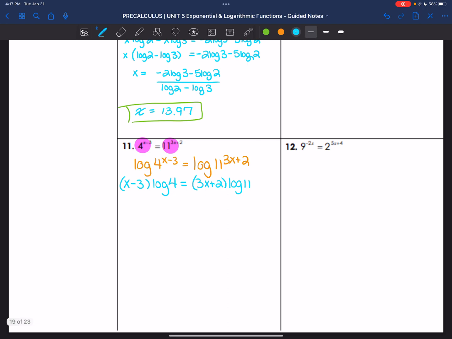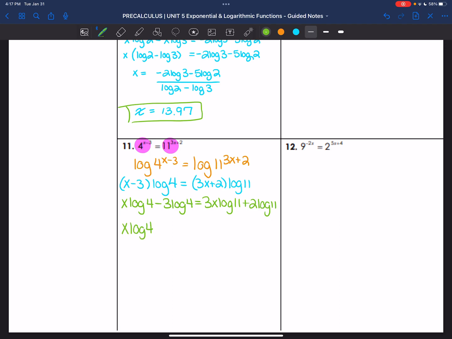And then we begin solving by distributing. Let's move the terms that have x to one side. And so that's going to be x log 4.